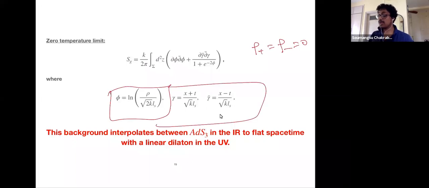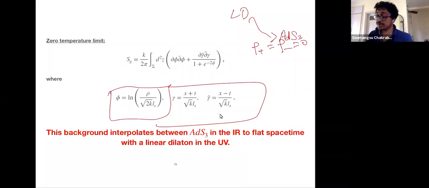This is the usual AdS3 coordinates that we use often. And this interpolates between linear dilaton in the UV to AdS3 in the IR. And when you turn on a temperature, it just interpolates between BTZ in the IR to some two horizon, two charge black hole in the UV in an asymptotically linear dilaton background.